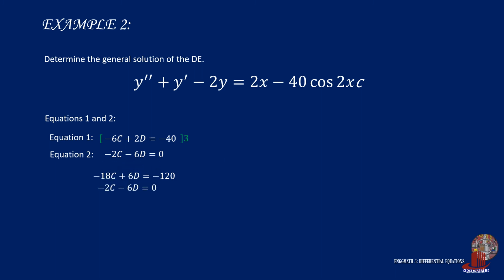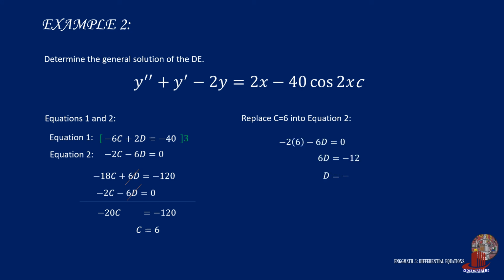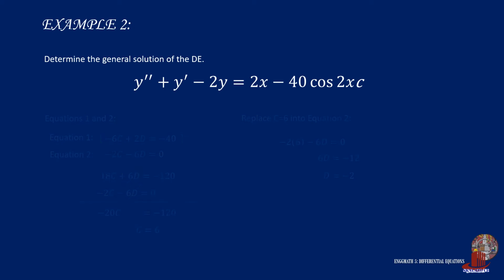This will be added to the first equation, where 6d cancels out with negative 6d, and we get negative 20c is equal to negative 120. So c is determined as positive 6. Substituting c back into the second equation, we get d would be equal to negative 2.